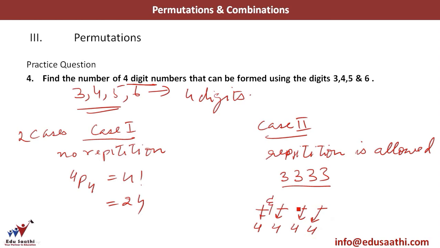I have to choose the first digit and the second digit and the third digit and the fourth digit. So the answer is 4 into 4 into 4 into 4, which is nothing but 4 raised to power 4. Generally in the question it is mentioned that repetition is allowed or repetition is not allowed. Just take care of what is given in the question and then solve accordingly.